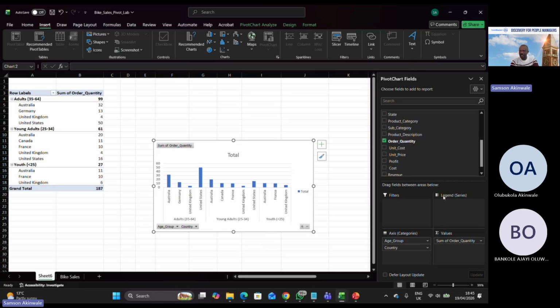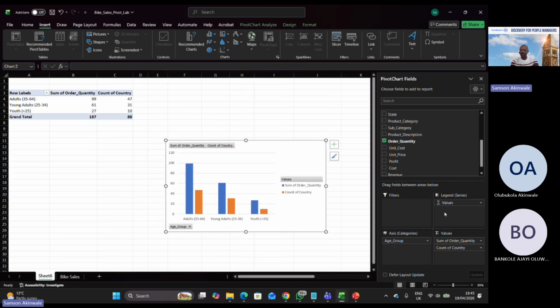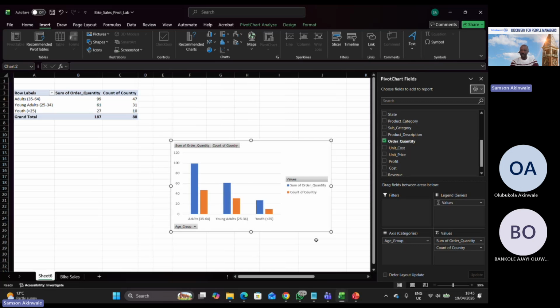You can move the element around just to see. Most of the time, you move it around between the column quadrants and the row quadrants. And of course, the values show here depending on what dynamism is involved. So as soon as I move this column country from the column side to the row side, you can see what I have.